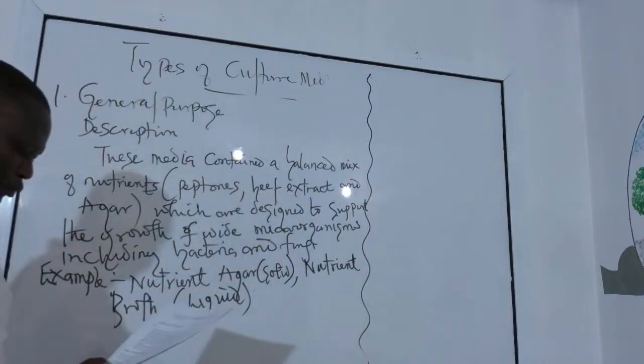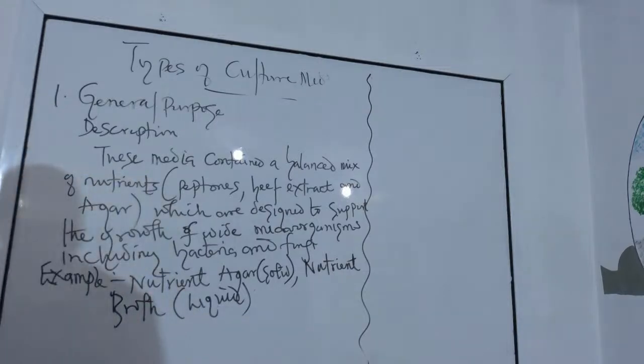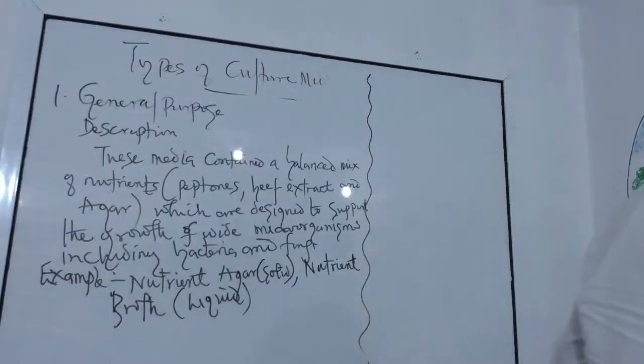So an example is a nutrient agar. Let me try and bring an example of a nutrient agar. That is exactly what I did in the first section, where I basically gave you what this is.